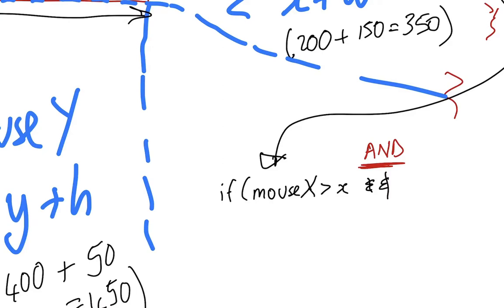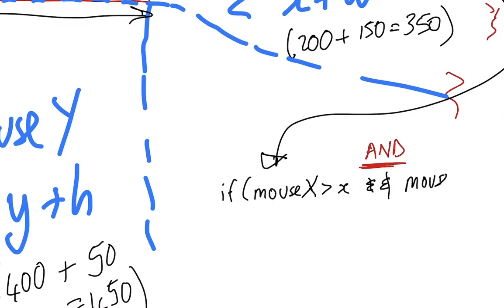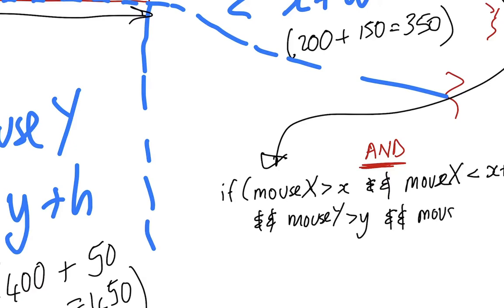So mouse X is greater than X, and mouse X is less than X plus width, and mouse Y is greater than the Y position of the button, and mouse Y is less than Y plus the height. If all of that is true, then I can do something here.